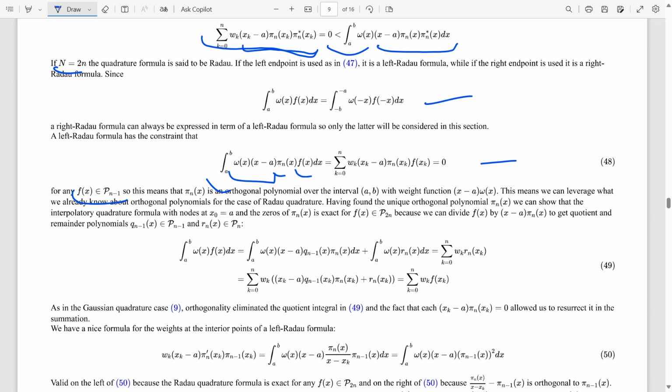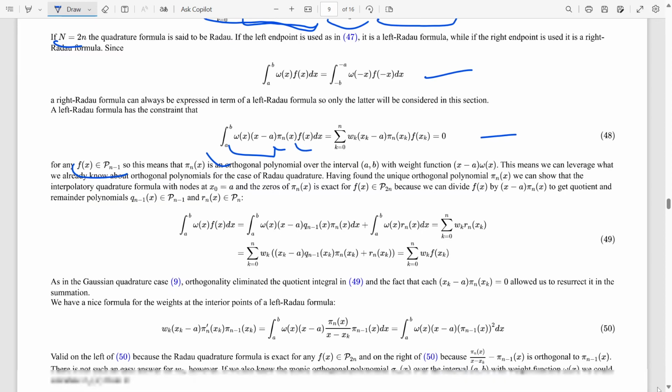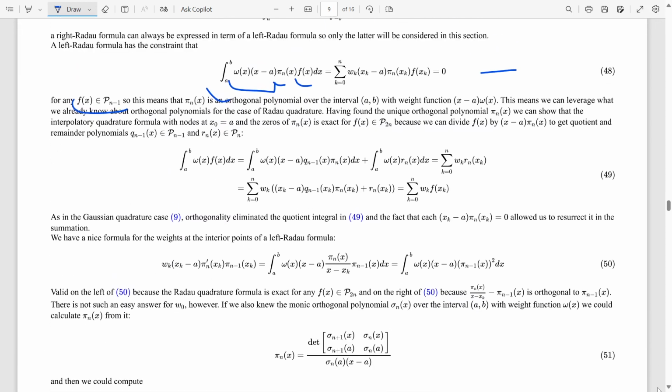We know that pi n of x exists, it's unique, and all of its zeros are real and simple and lie within the open interval from a to b, from our analysis of Gaussian quadrature.